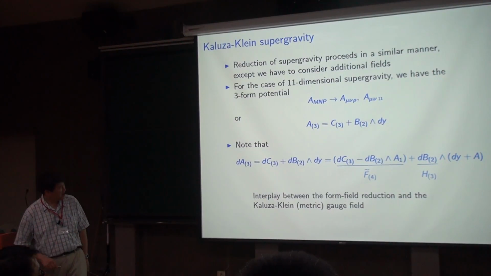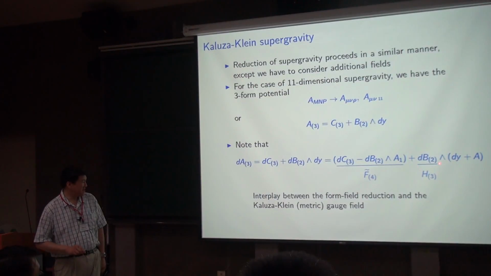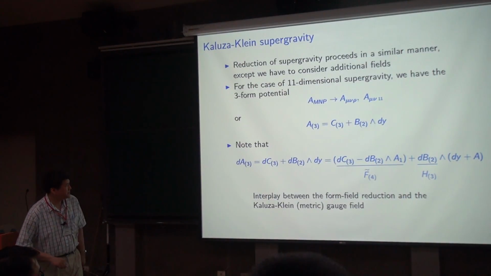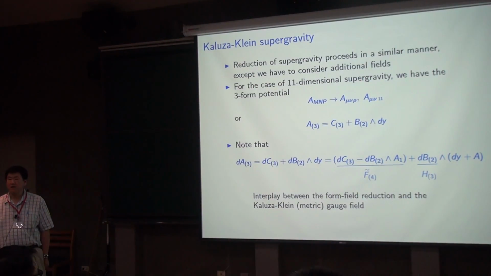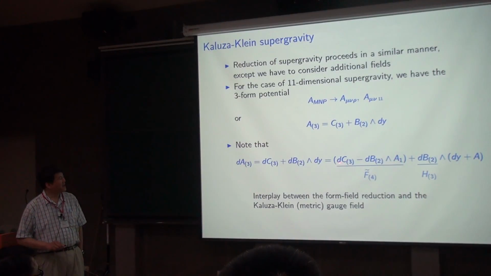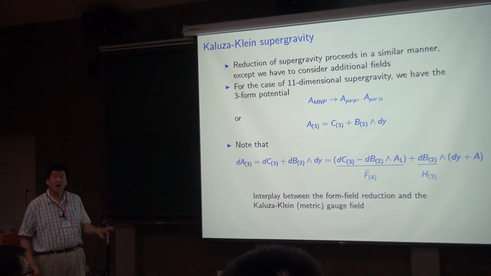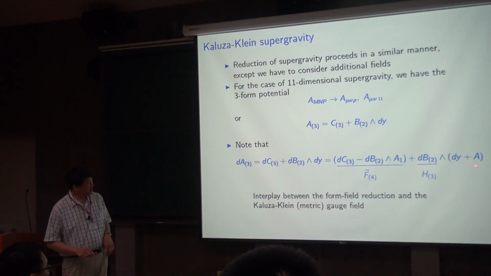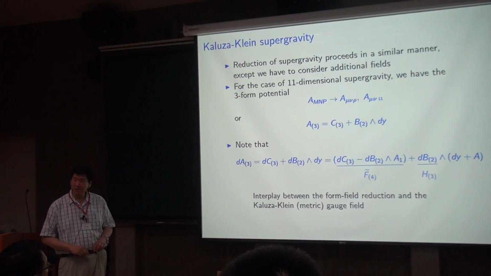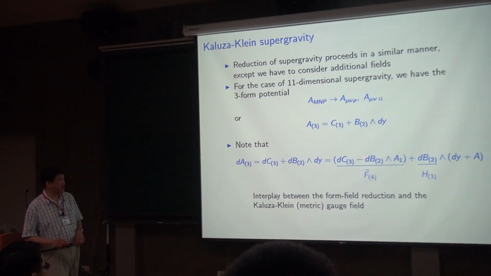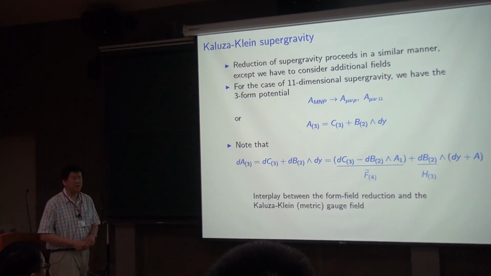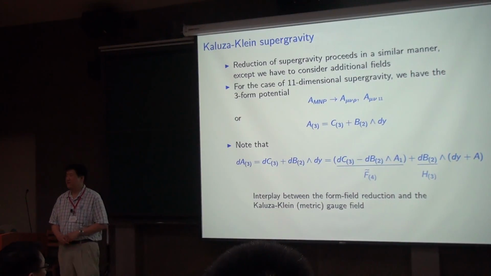And as a string theorist, H equals dB is the familiar NS-NS B field. So this is just a quick snapshot that when you turn on the graviphoton or off-diagonal metric components in these Kaluza-Klein reductions, often you end up with all these shifted field strengths in these supergravity reductions.